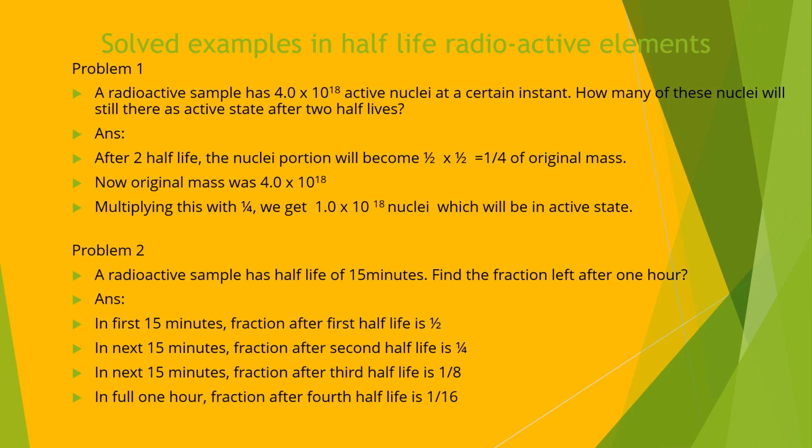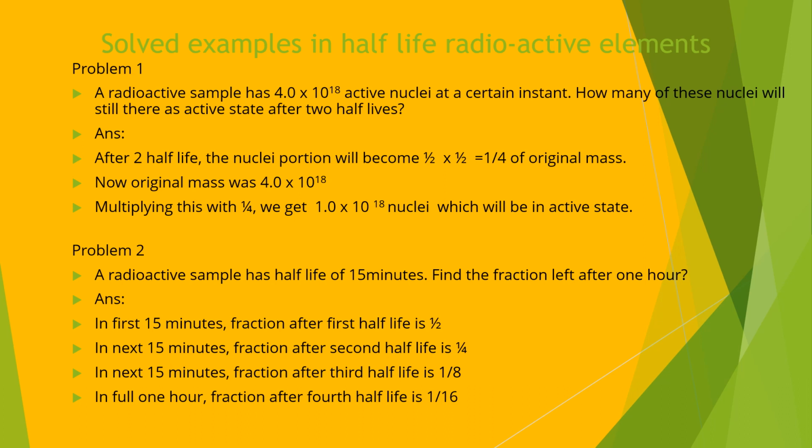Some solved examples on half-life of radioactive elements. Problem 1. The mass of the radioactive sample is given, and it asks what the mass is after 2 half-lives. From the table we have seen earlier, for each half-life it goes 1 by 2, 1 by 2, and so on.